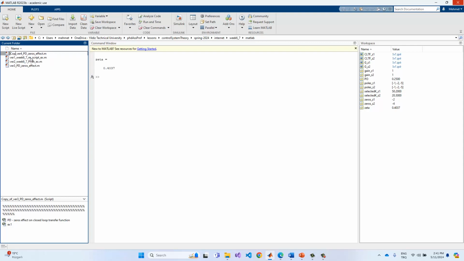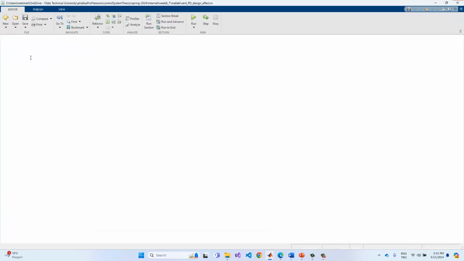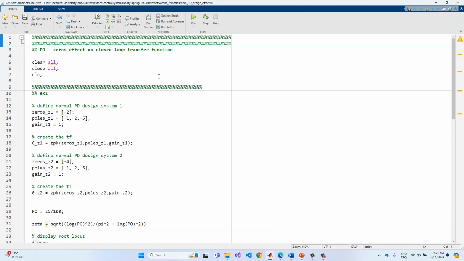Therefore, the PD design must be given here, just like this one. The PD design, I'm sorry. PD design for 16 percent and Ts of 1 second.